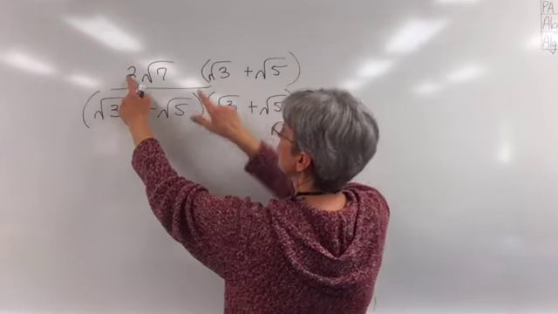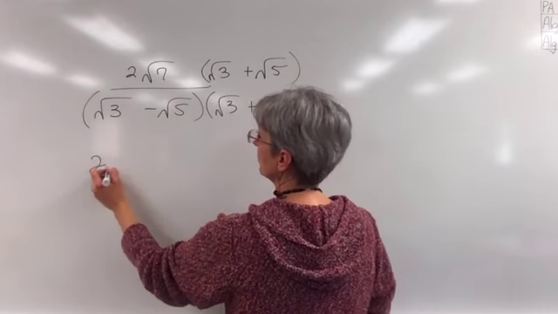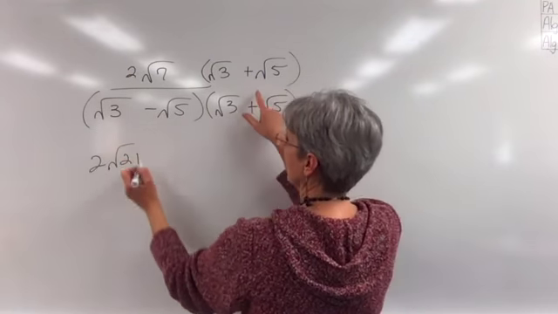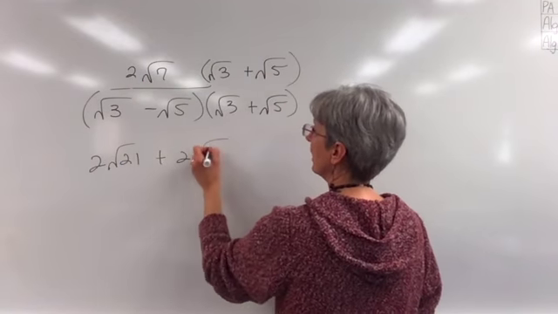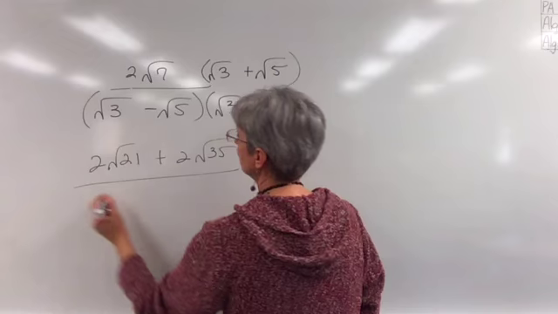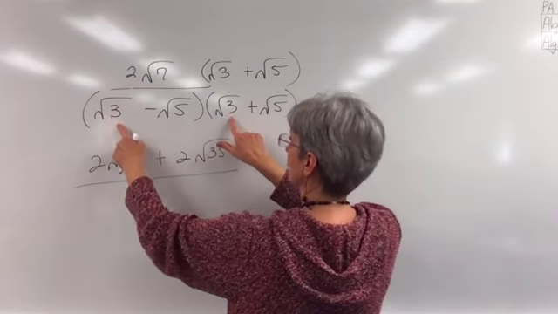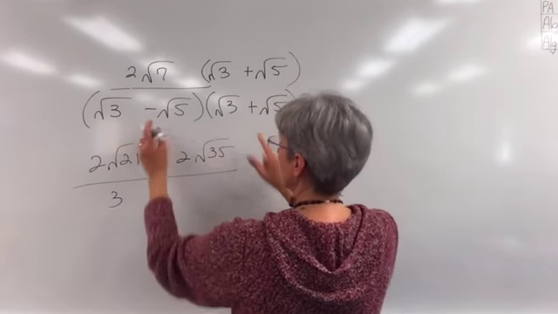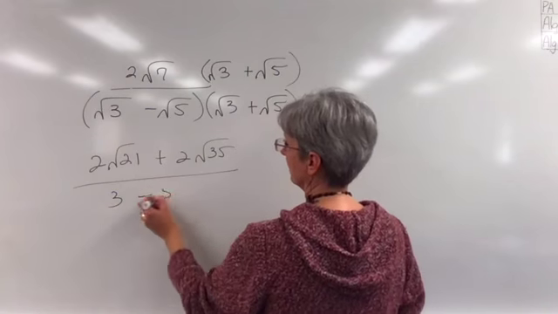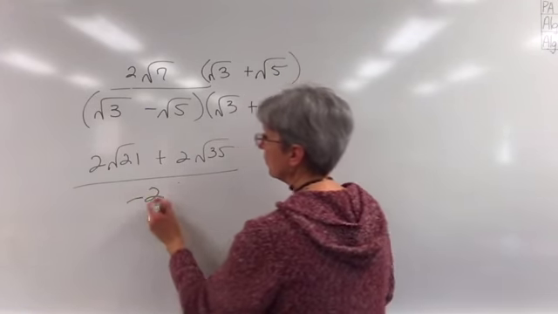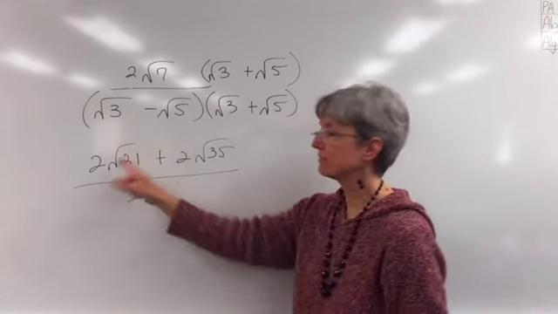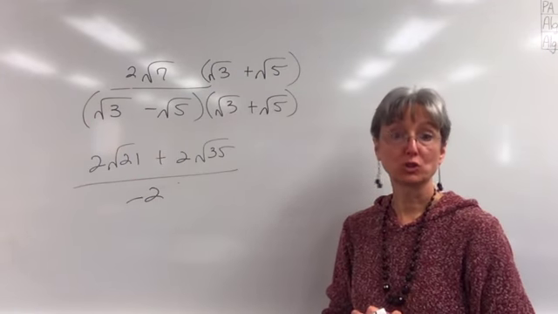So now I'm going to go ahead, I'll do the numerator first. This becomes 2 square root of 21. And this is plus 2 square root of 35 over, this is 3 minus 5, or negative 2. Negative 2. All of these can be divided by 2.